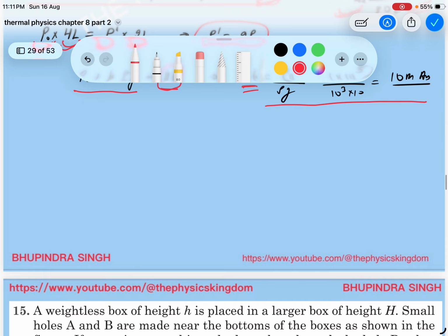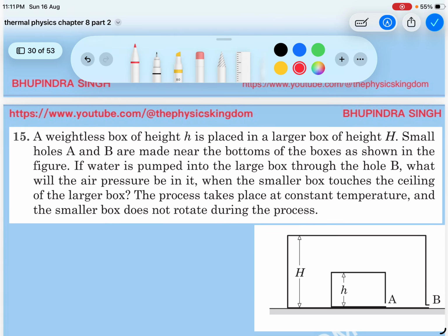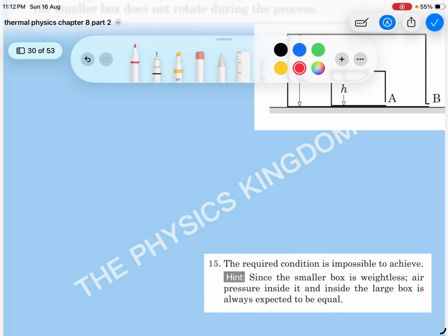So very important and good question. Okay, 15th question. See this 15th question first properly, then I will explain. Very good question. So here they are saying the required condition is impossible to achieve.